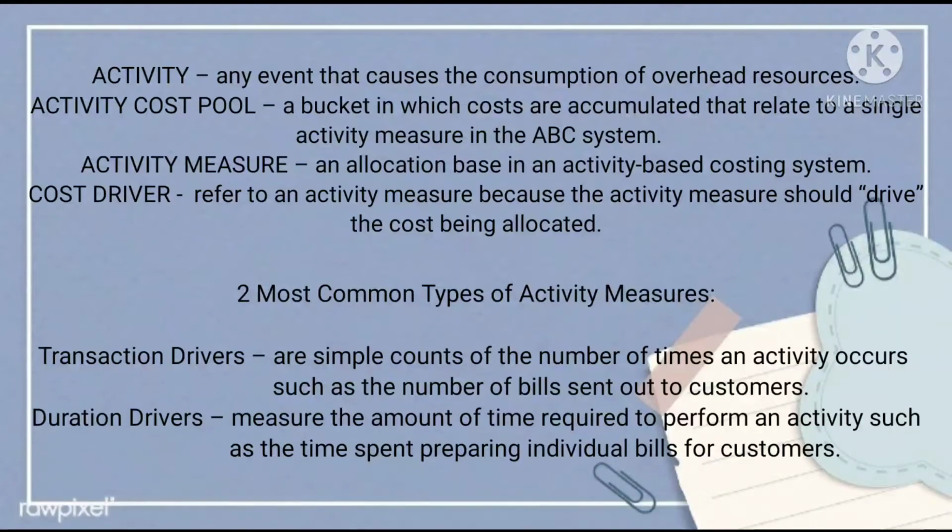In general, duration drivers are more accurate measures of resource consumption than transaction drivers, but they take more effort to record. For that reason, transaction drivers are often used in practice.